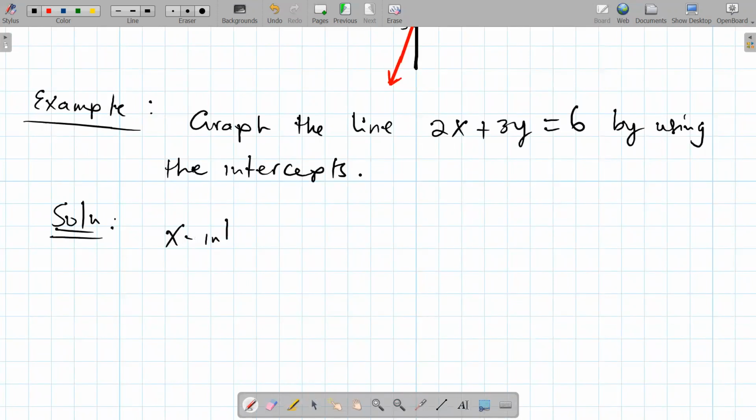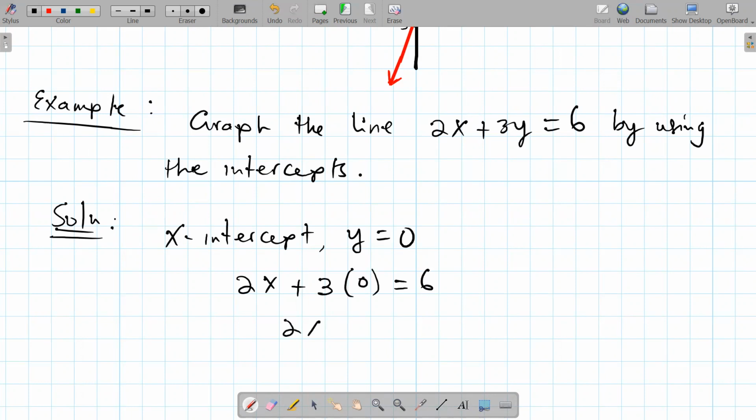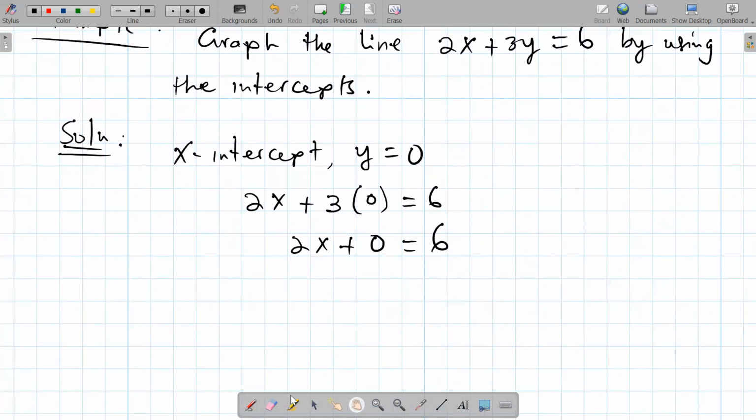X-intercept first. It means we are setting y to 0. So it's just going to be 2x plus 3y, but y is 0, equals 6. 2x plus 0. 3 times 0 is 0. And then 2x plus 0 is going to be 2x.